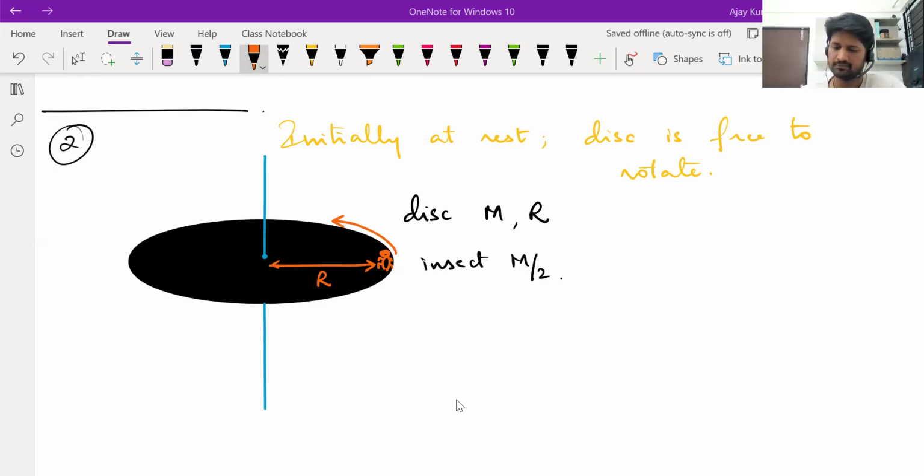Rishi, what do you think? If the insect starts walking along the edge of the disk, what happens to the disk? Then it will tilt a bit towards the insect's side. See, tilting is not allowed. The disk is fixed to rotate about this axis.